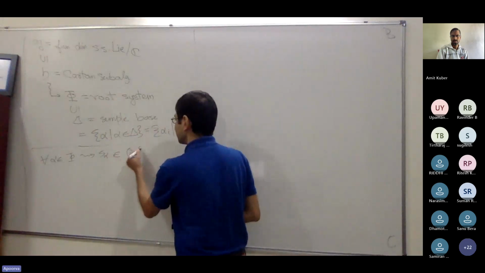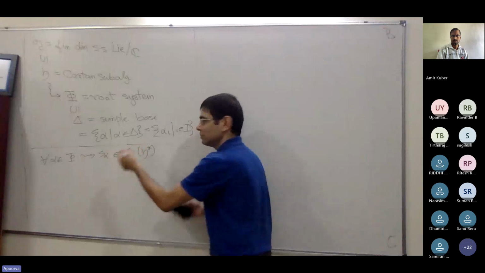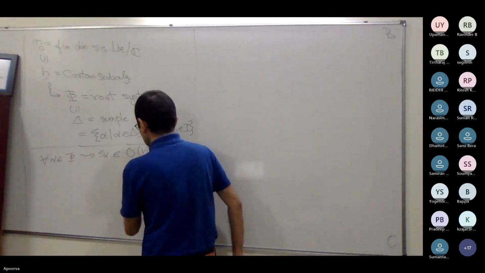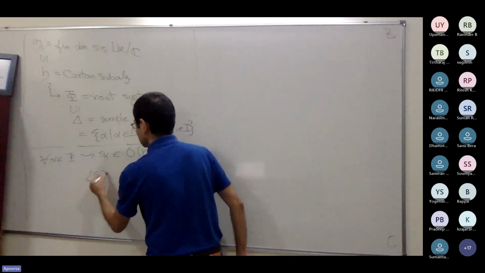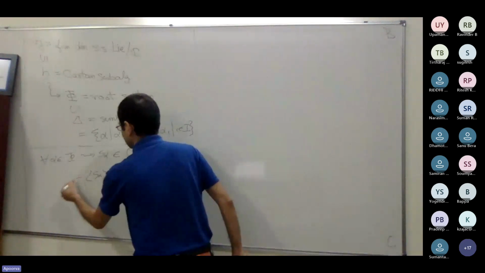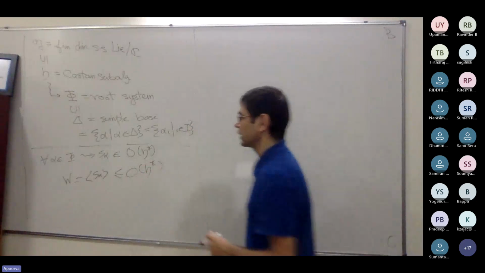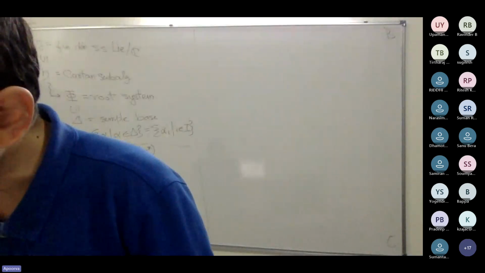This is an orthogonal map on h*: there is an inner product, and it preserves that inner product. These s_alpha generate the Weyl group, which is a finite reflection group.